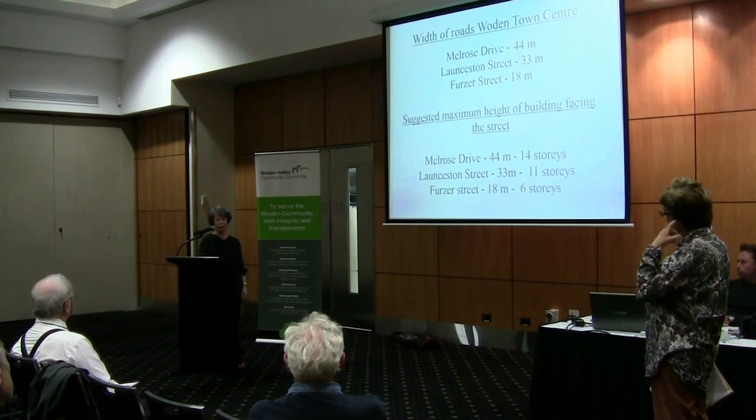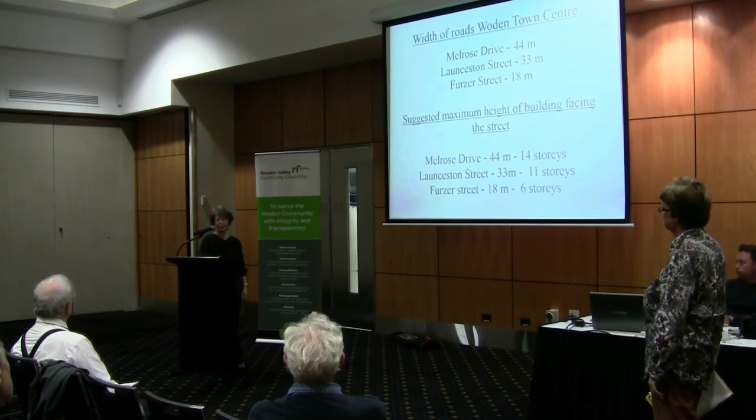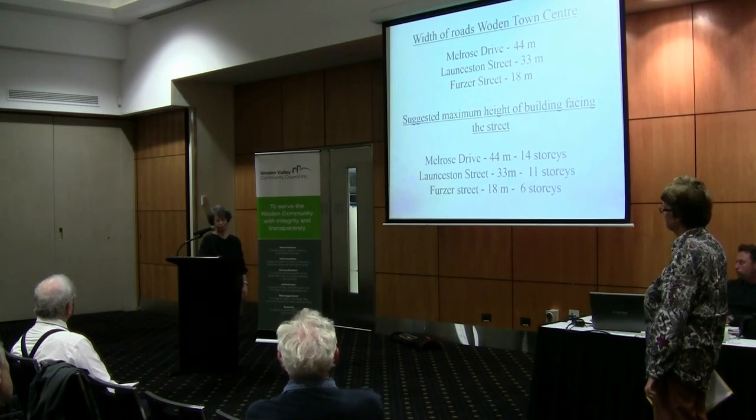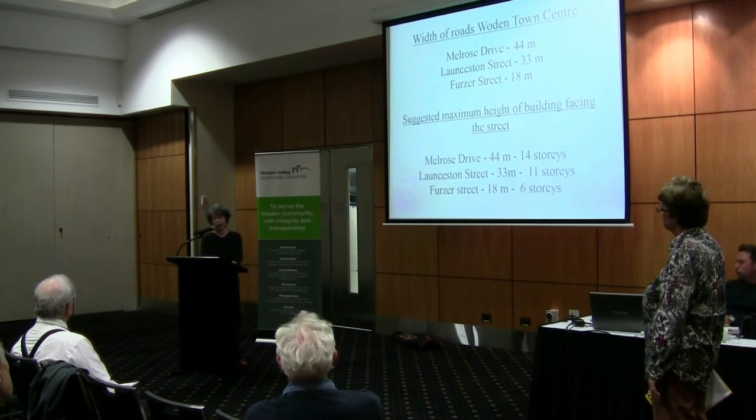At the moment, unfortunately, the territory plan only goes to the high density for residential to RZ5. It relates to RZ5, and the maximum height of building there in the territory plan is 21.5 meters, which is about 7 stories.